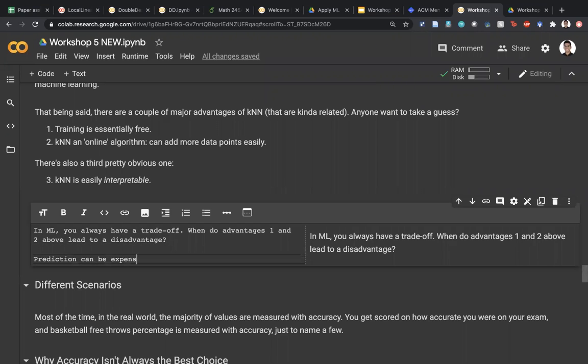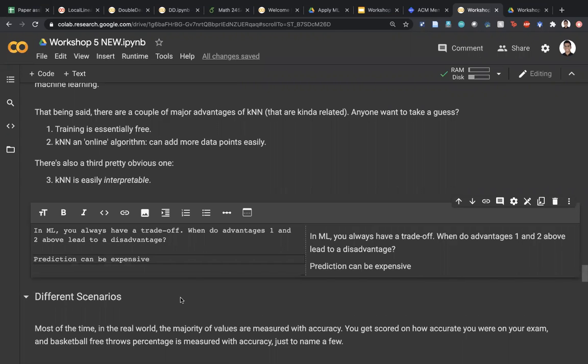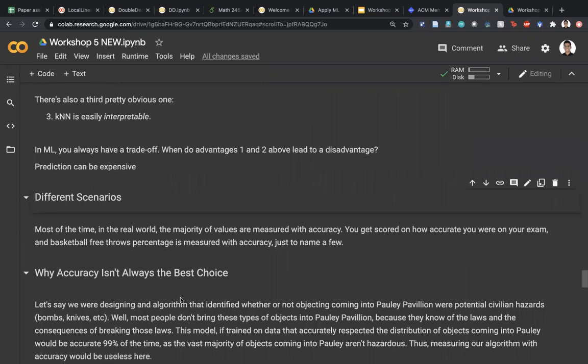So if you, for some reason, have a lot of time to make your prediction, but you don't want to keep retraining your model and you want to make use of new data, in that case, KNN might be the appropriate algorithm to use.